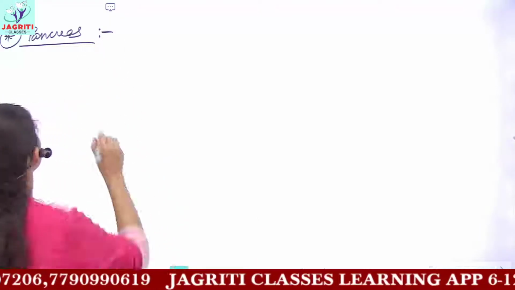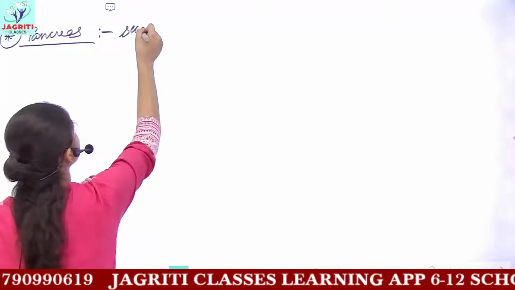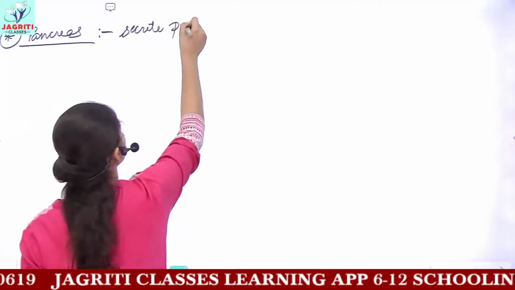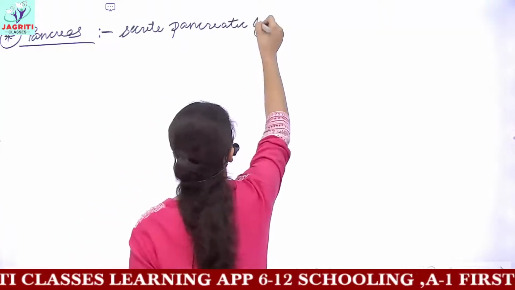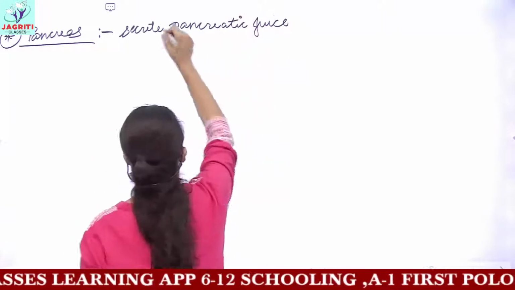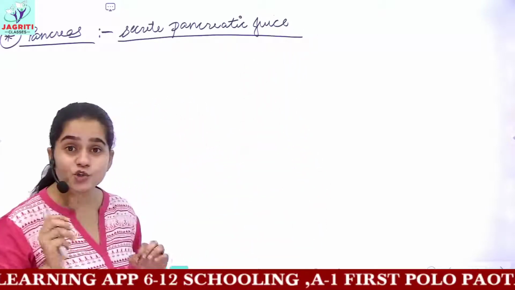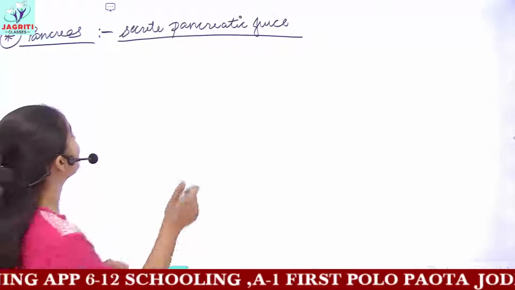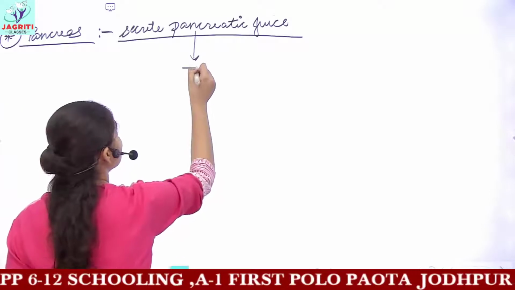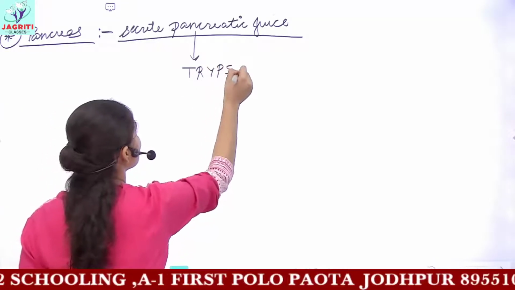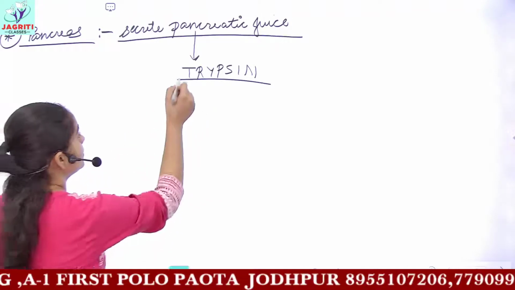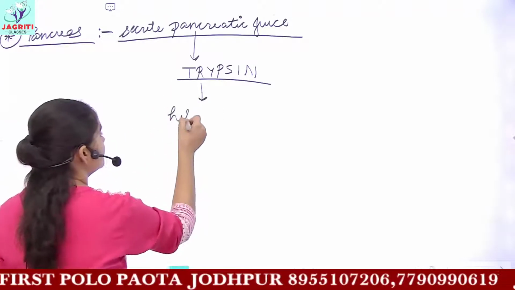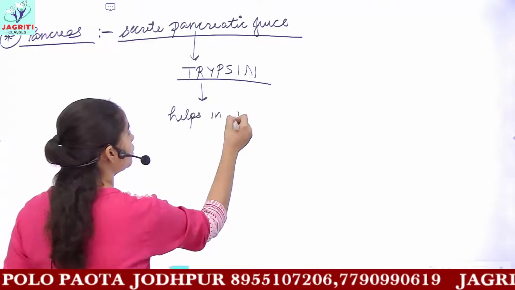We should know here that the pancreas secretes pancreatic juice, and this pancreatic juice contains a very important enzyme called trypsin, and this trypsin enzyme helps in digestion of proteins.